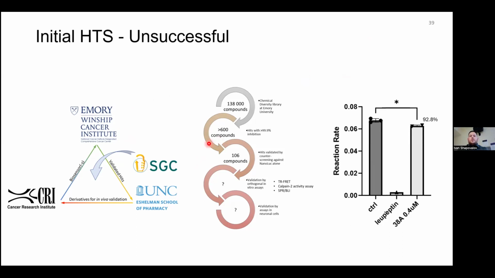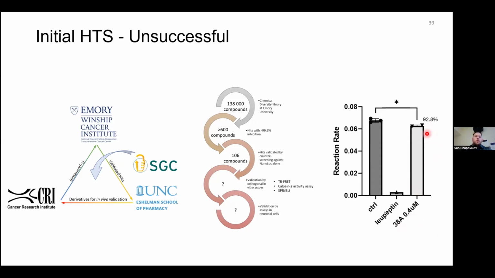However, when we started whittling down that number by doing validation assays, eventually we ended up just with this one compound, 38A, but also with the compound 39A, which was very structurally similar, which even though turned out to be true hits, weren't very good inhibitors of Calpain. In this one Calpain activity assay, 38A was only able to inhibit Calpain by something like 7%, which, again, even though a true hit, is not good enough for our purposes.